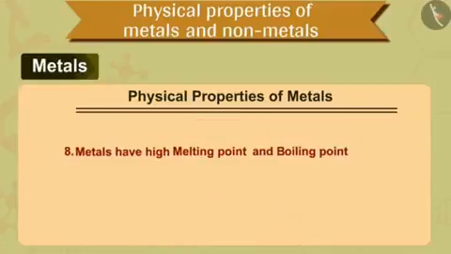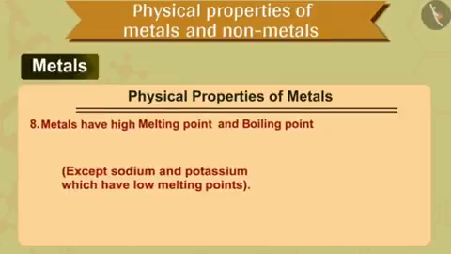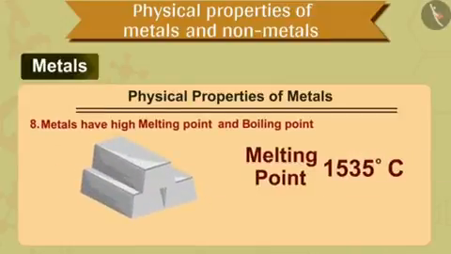The next, eighth property of metals is that metals have high melting and boiling point, except sodium and potassium, which have low melting point. For example, iron metal has high melting point of 1535 degrees Celsius.